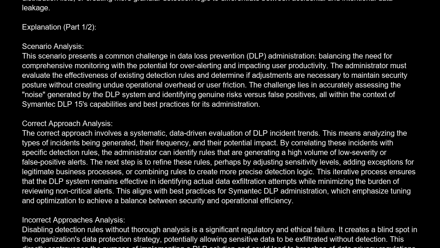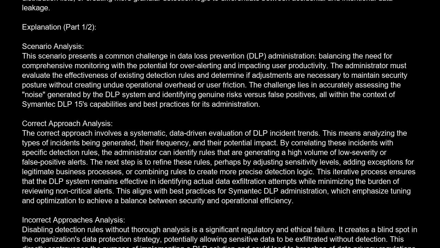The next step is to refine these rules, perhaps by adjusting sensitivity levels, adding exceptions for legitimate business processes, or combining rules to create more precise detection logic. This iterative process ensures that the DLP system remains effective in identifying actual data exfiltration attempts while minimizing the burden of reviewing non-critical alerts. This aligns with best practices for Symantec DLP administration, which emphasize tuning and optimization to achieve a balance between security and operational efficiency.